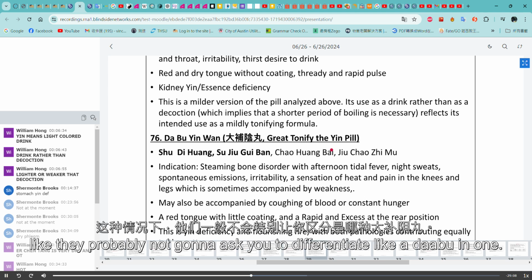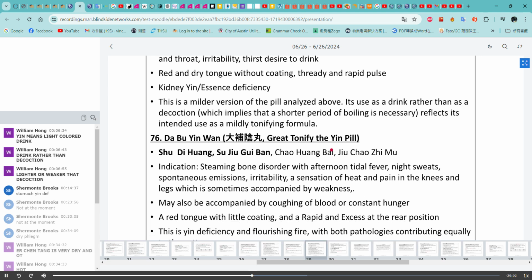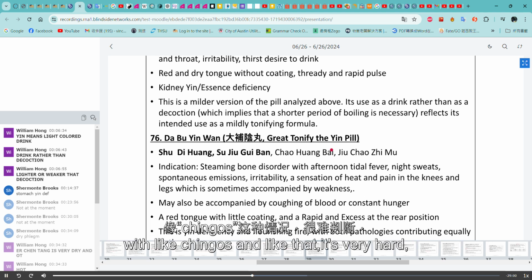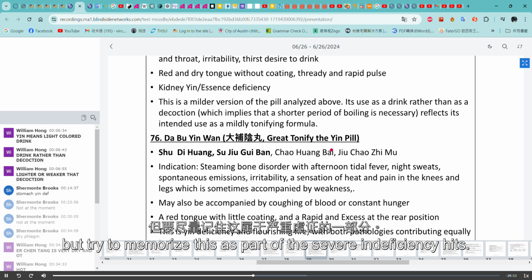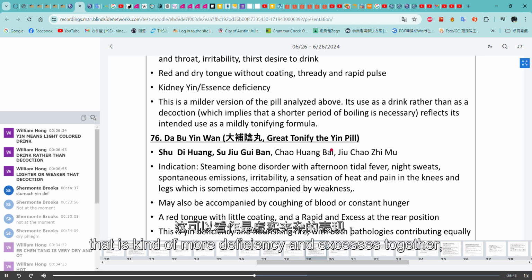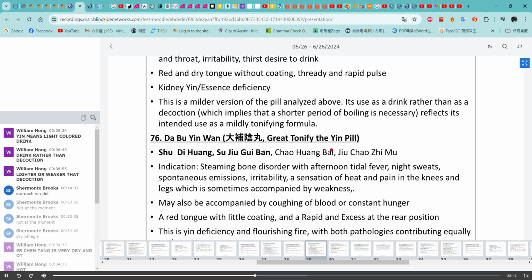Yeah, again, they probably are not going to ask you to differentiate Da Bu Yin Wan from Qing Gu San like that, it's very hard unless they give a specific clue. But try to memorize. This is part of the severe yin deficiency heat sign. So that is kind of more deficiency and excess together. Okay.